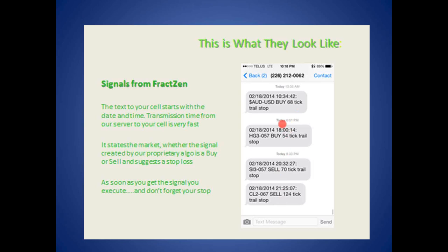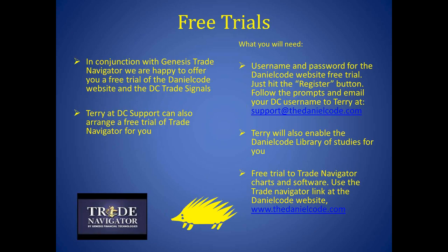We've got 4 different signals in here. You would get them one at a time, and this is what comes up. You get a beep on your cell phone. It'll tell you the market. It'll tell you to buy or sell, which you should always do as soon as you possibly can. And it tells you what the initial stop loss is. So we've got all that there.